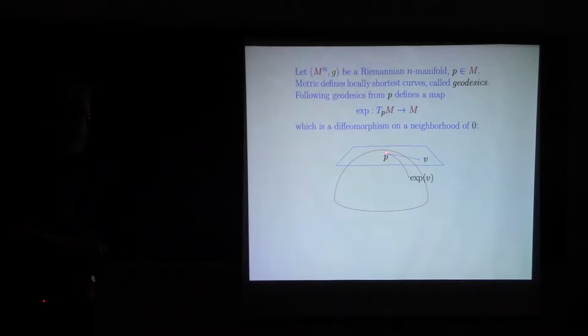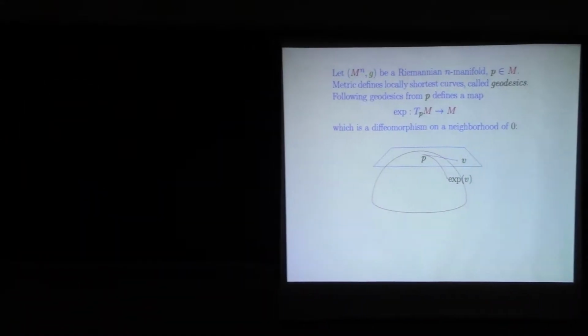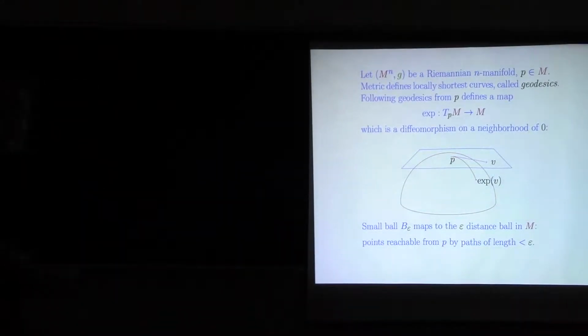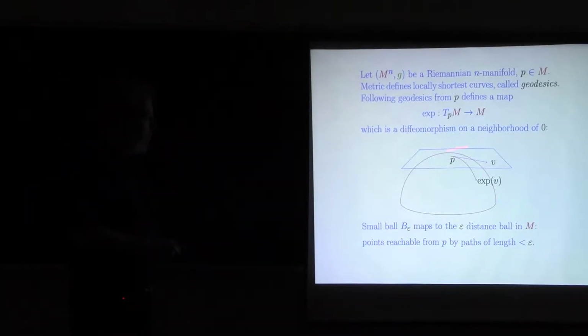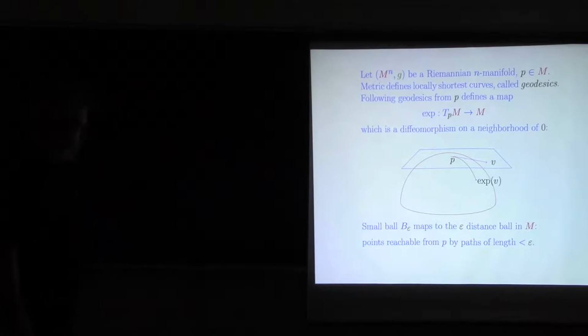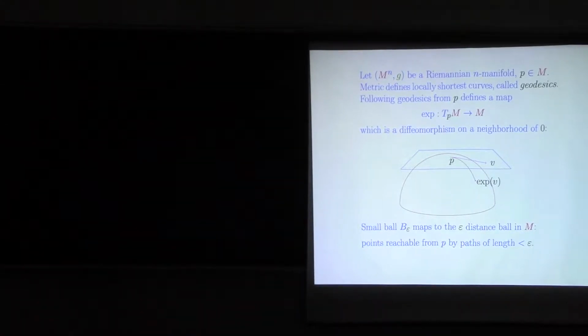So you go in the direction of the vector for a distance equal to the length of the vector, following the shortest path possible. And this actually is a diffeomorphism from a neighborhood of the origin in the tangent space to a neighborhood of the point in the manifold.